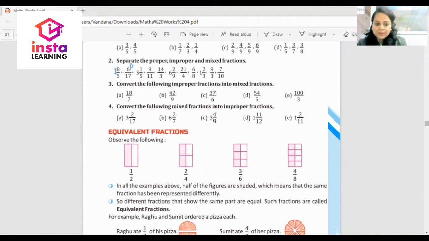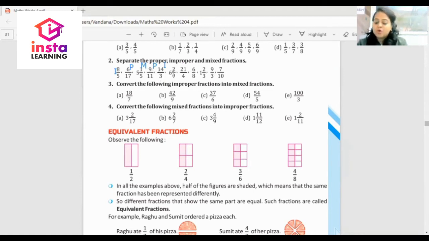Now 5, 1 upon 5: there is a whole number and a proper fraction, so it's your mixed fraction, right? And 9 upon 11 is your proper fraction because the numerator is smaller than the denominator. 14 upon 3 is your improper fraction, so write I because the numerator is greater than your denominator.